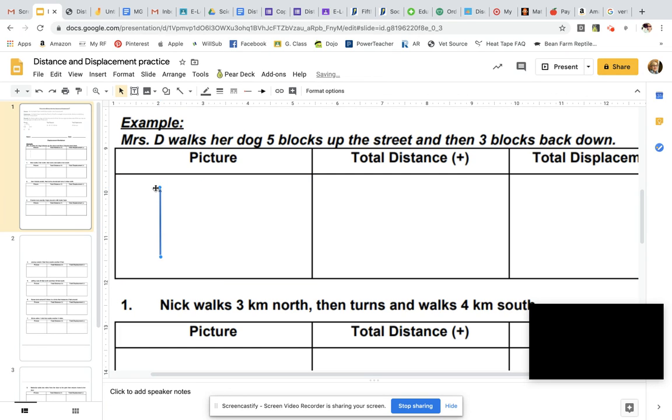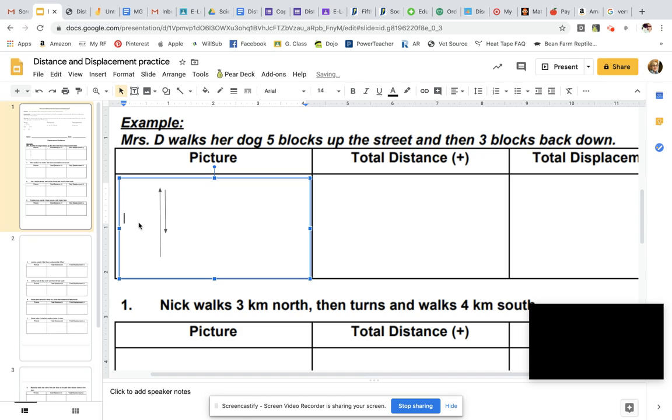And then I think she probably just turned back around and walked another 3 blocks back. But you don't want to draw a line over a line. That's hard to see. So we'll just pretend 3 blocks would probably be about that. We should label it. So this is 5 blocks up. And it's okay that it looks a little wonky.